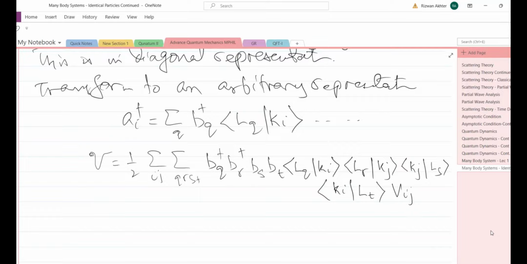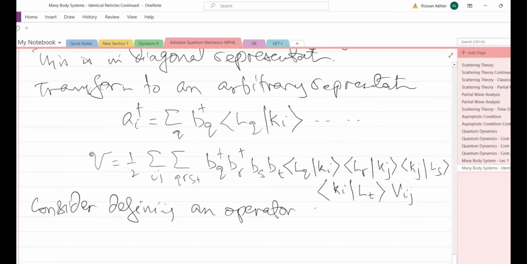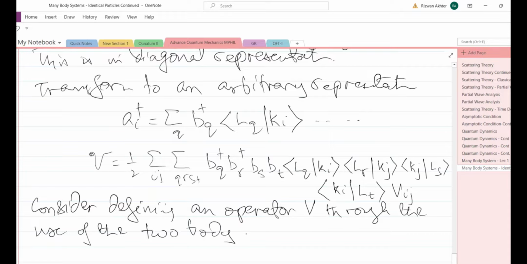Let's say we consider defining an operator V through the use of the two-body eigenstate.